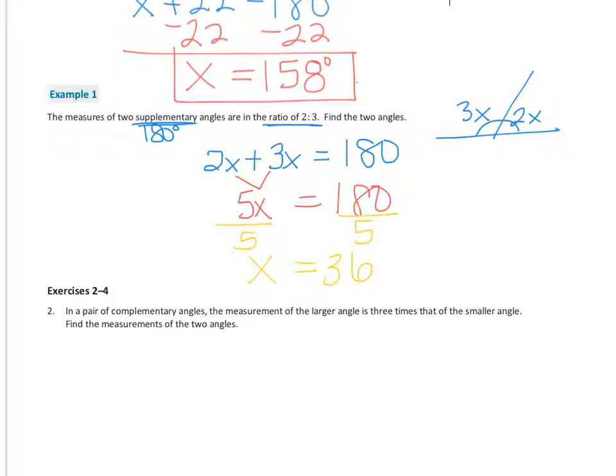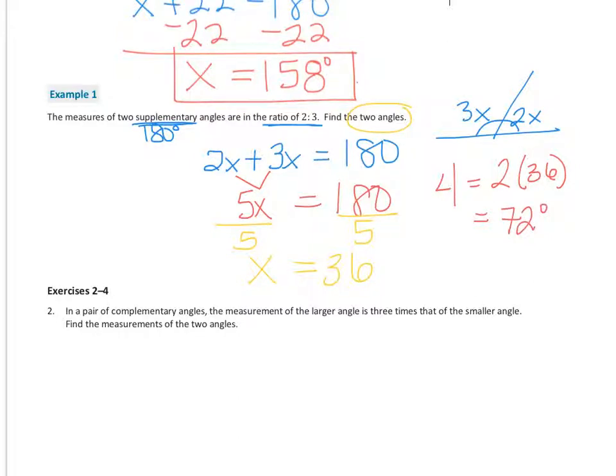Now that is my solution to the equation, but that is not my 2 angles. So I'm going to go over here. Angle 1 equals 2 times 36. All right, so angle 1 equals 72 degrees.